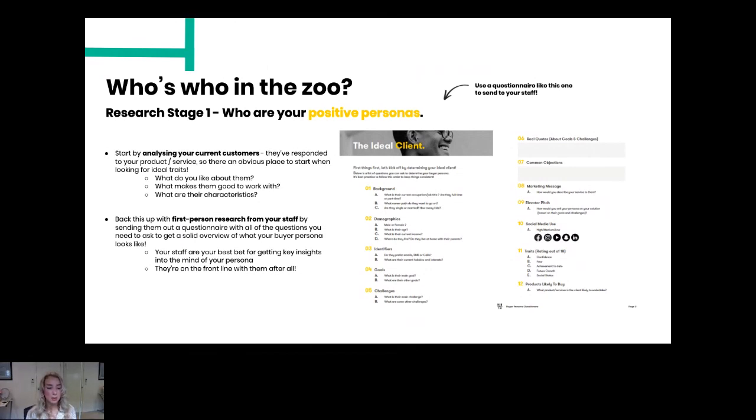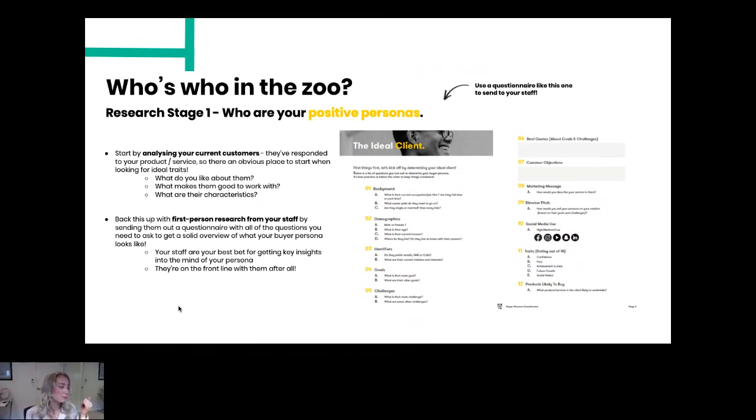You can then back this up with first-person research from your staff by sending them a questionnaire with all of the questions you want to use to fill out your buyer persona. We've got this questionnaire that we use on the right, which you can borrow or steal. Your staff are a really good place to start because they are on the front line with your customers every day.